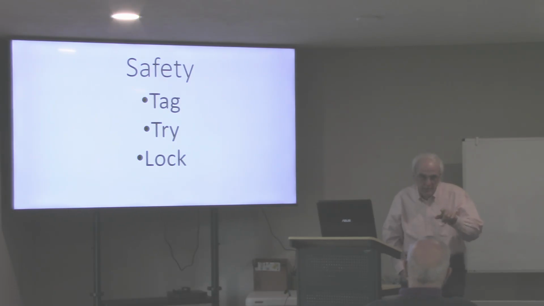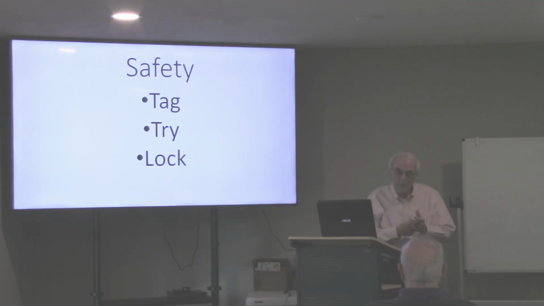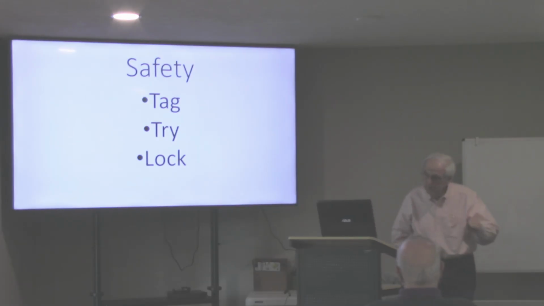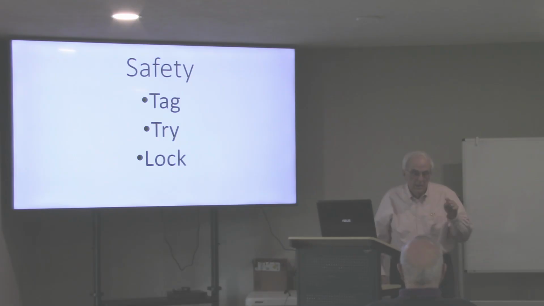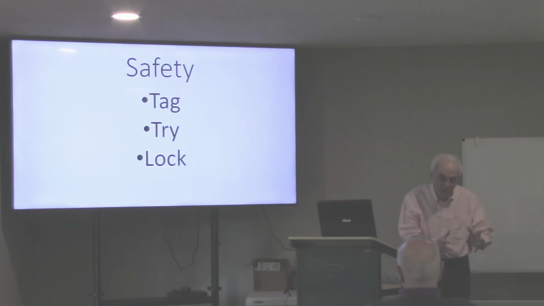You put your tag on it, it says you're the person. You're the only person that can take that off. And you put a lock on it. And you have the only key to it. And if you do that, and you test the equipment, that's where the try comes in. You test it. If you have no energy left, mechanical or electrical, then you can safely work on that. If you don't do this, you could get in trouble.